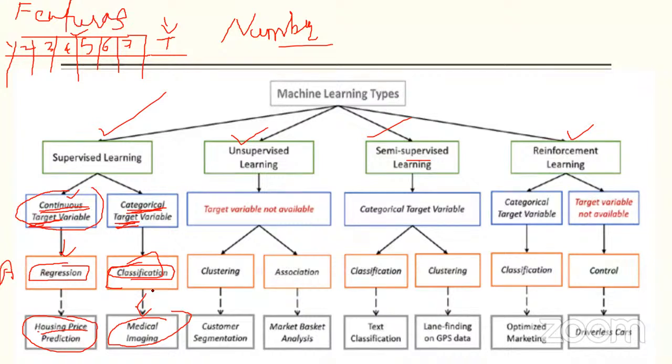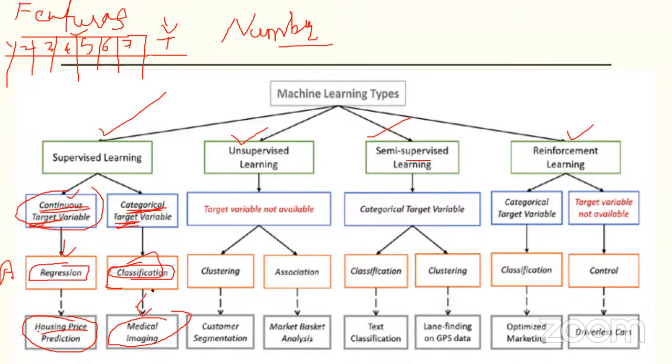They learn from the X-ray reports already there, and once they know how to read them, in the real hospital setup they will be able to predict. So here you're trying to predict whether there's a fracture or not, yes or no. This is an example of a classification algorithm.